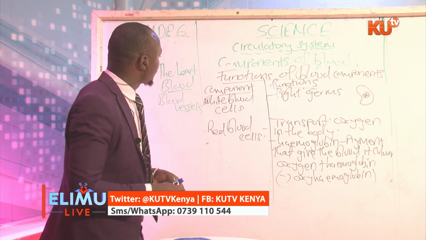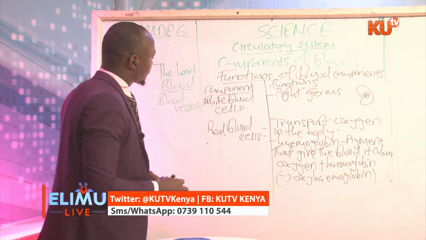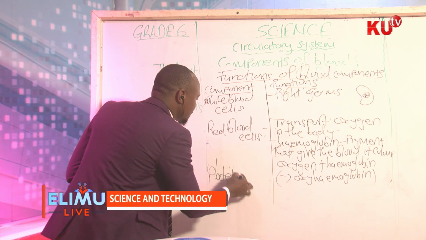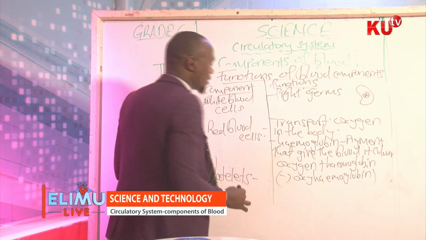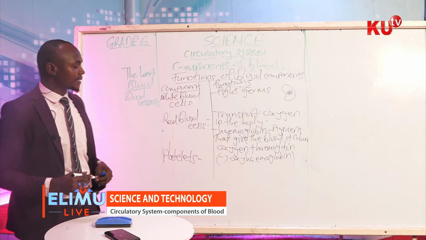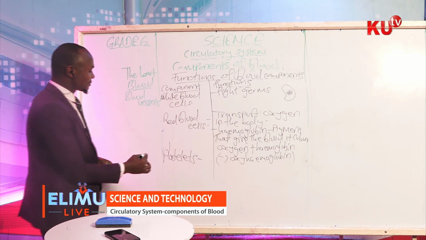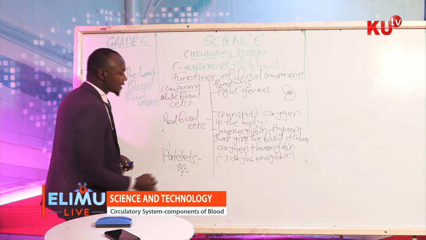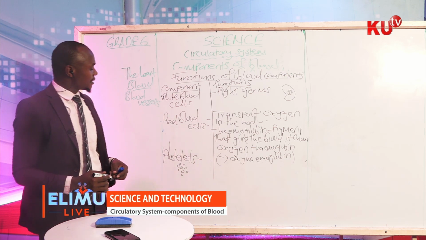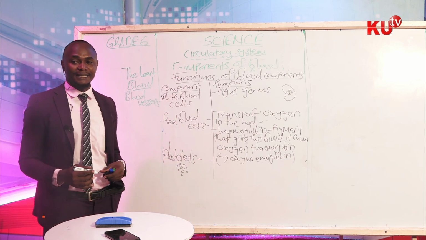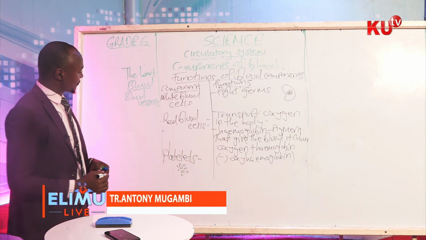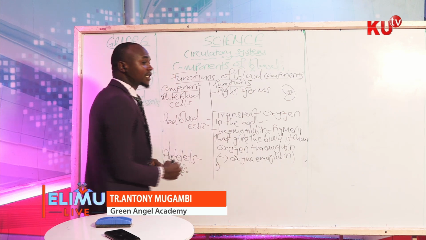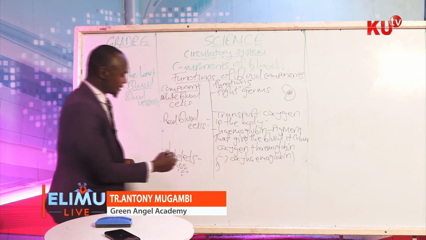We have another blood component that is called platelets. Learners, we said that platelets are the smallest blood components that we have. What is the function of the platelets in the body? Platelets, one, they help in clotting of blood.